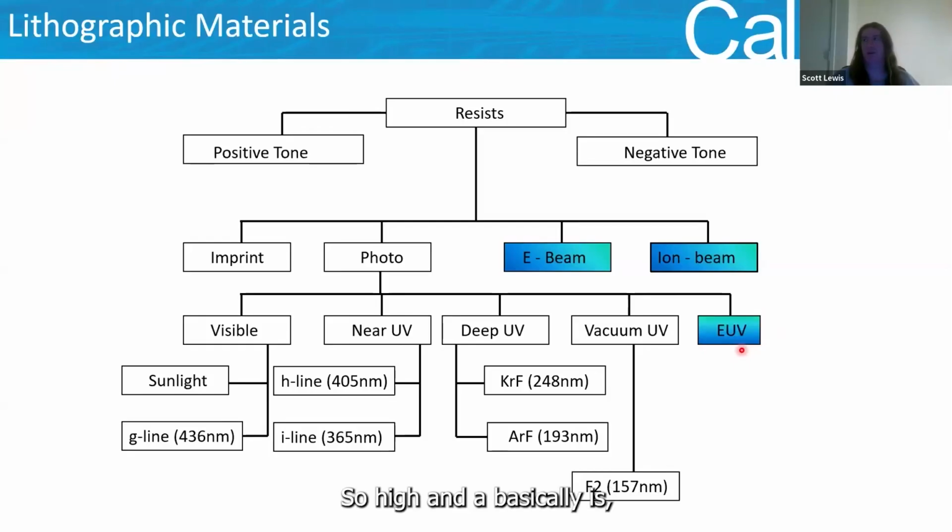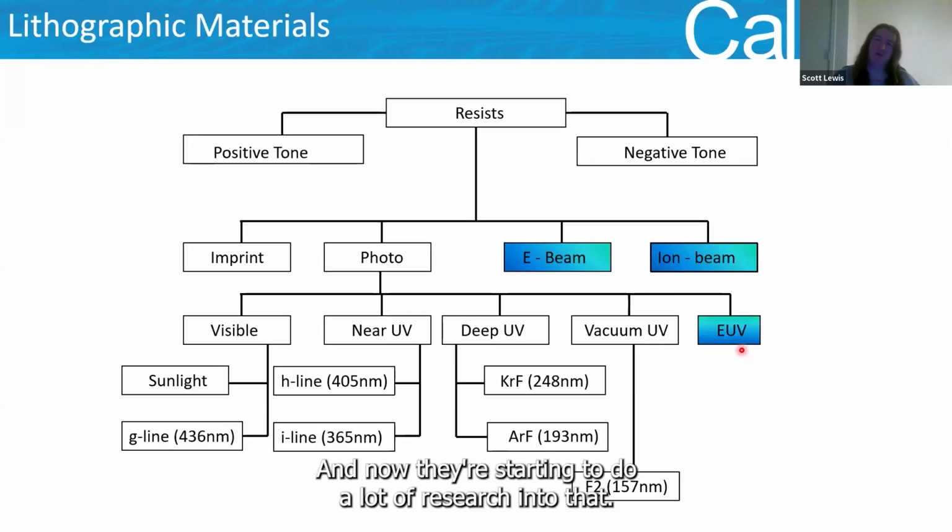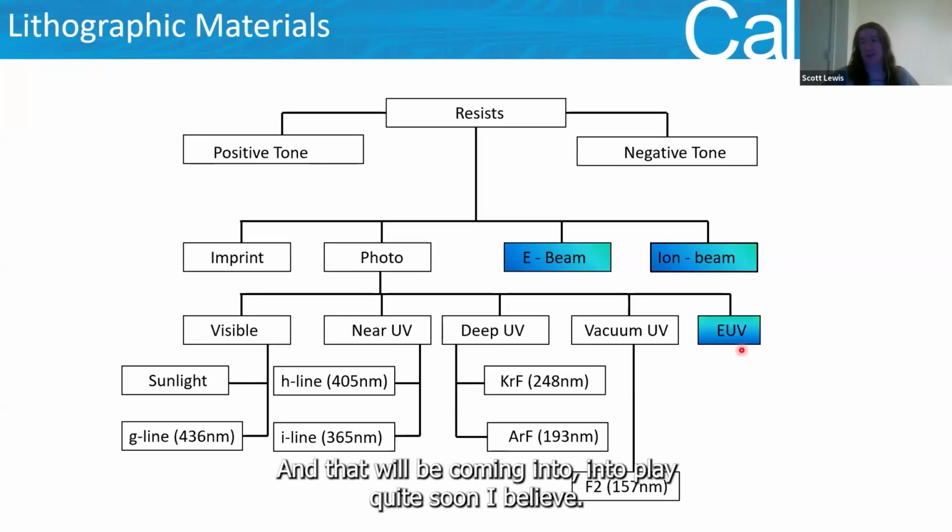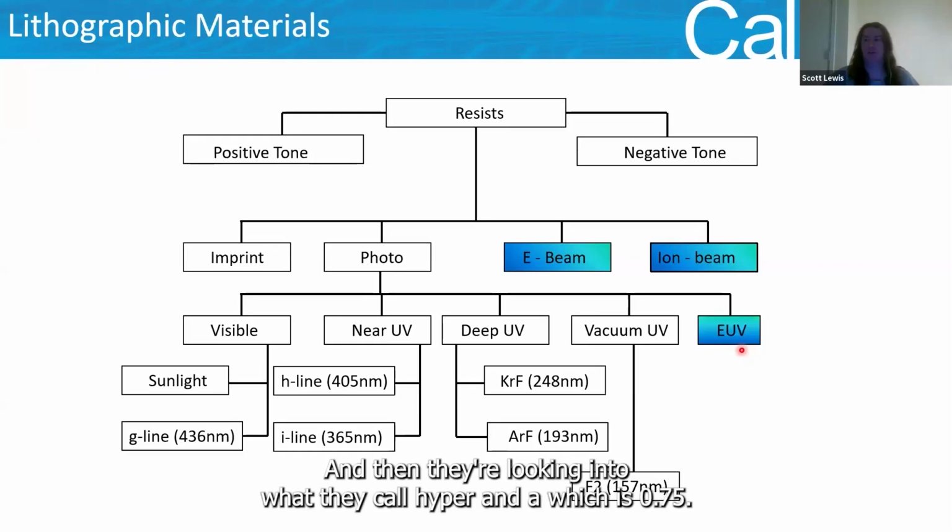So high NA basically is a high numerical aperture, and that's like 0.55. And now they're starting to do a lot of research into that, and that will be coming into play quite soon, I believe. And then they're looking into what they call hyper NA, which is 0.75.